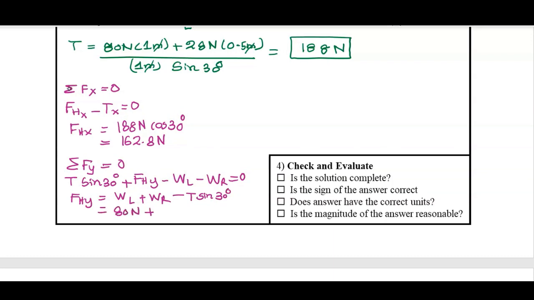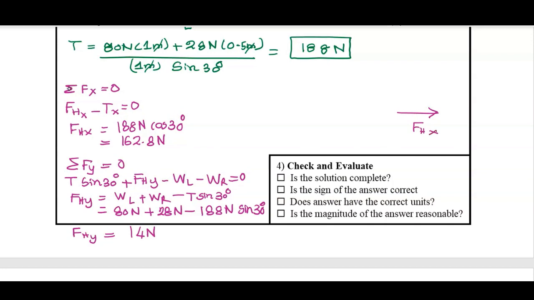And if you substitute the values, 28 newtons plus 80 newtons minus 188 newtons times sine 30, you will get... Give me 1 second. I'm going to do the calculation and let's see what I get. 14 newtons. All right, so that's positive as I expected. The y component of the hinge force is acting up.